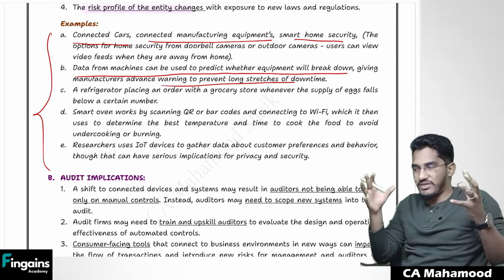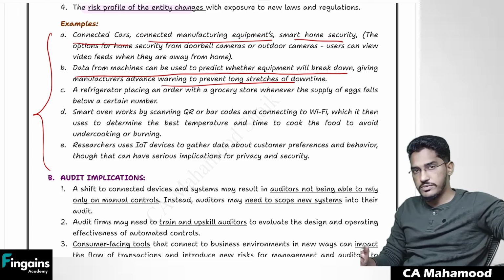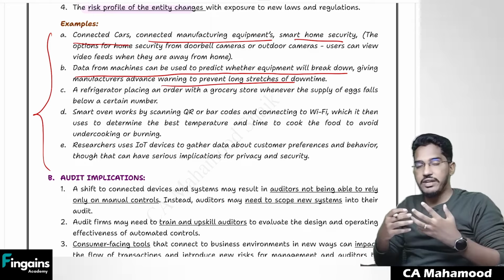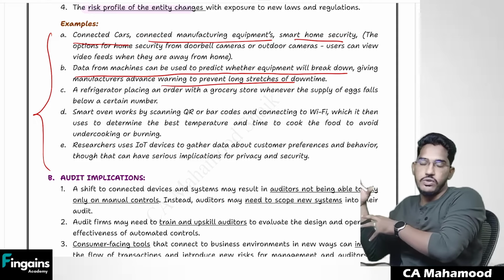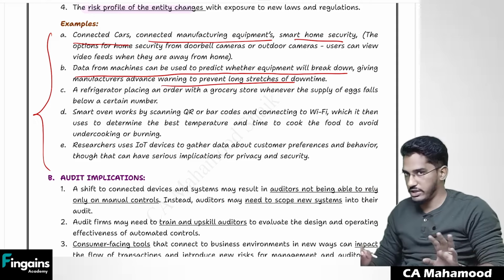So whatever Internet of Things we are experiencing at the personal level today, the same kind of Internet of Things can be adopted even by manufacturing entities, where their production machinery will be connected with the warehouse records. So how much quantity should be kept in stock, and also this manufacturing equipment will be connected with the repairs software. So like that, so much of Internet of Things can be done even in a manufacturing entity.